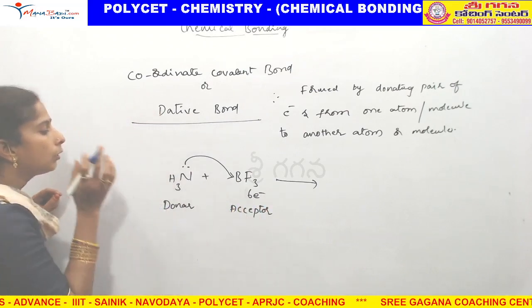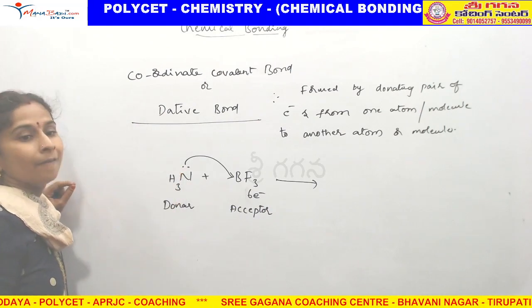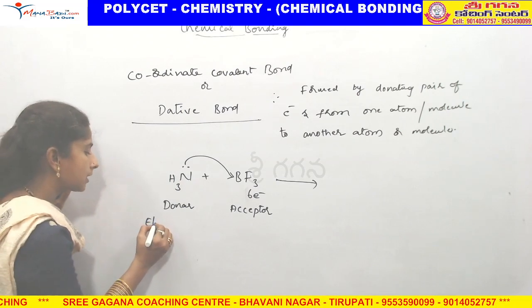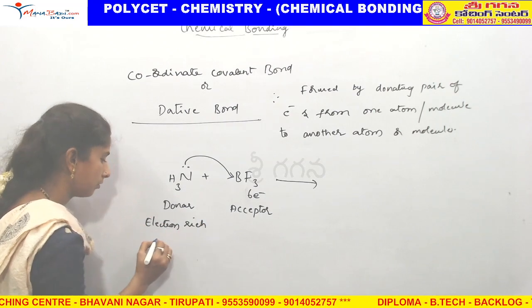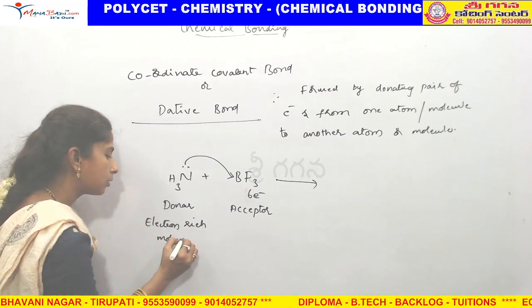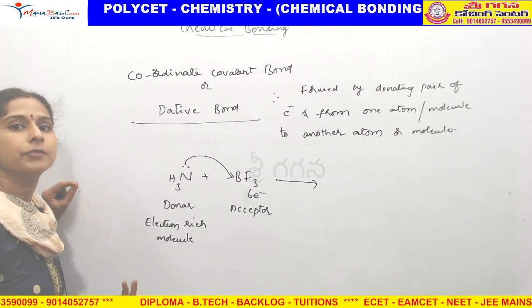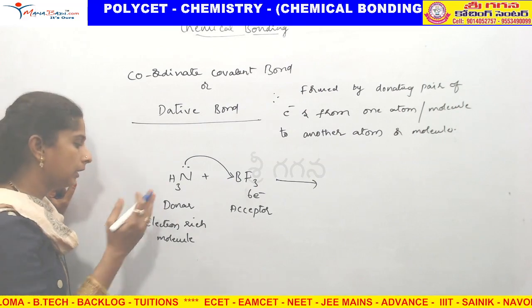To donate the pair of electrons, it should have more electrons which are not involved in the bond formation. So this is called an electron rich molecule. Why is it an electron rich molecule? It has one lone pair of electrons which is not involved in the bond formation. Then only it can give.